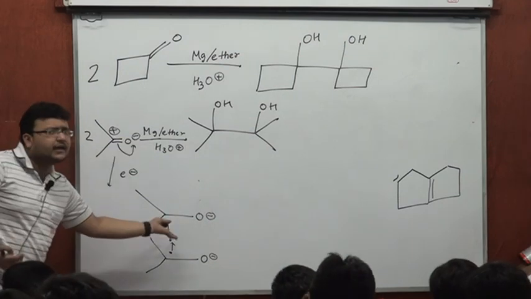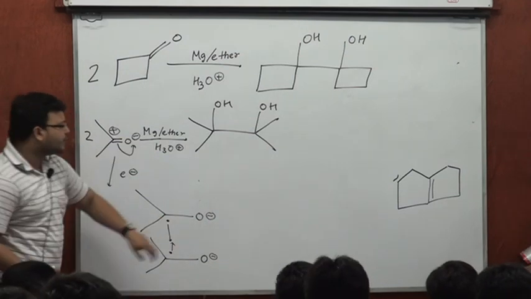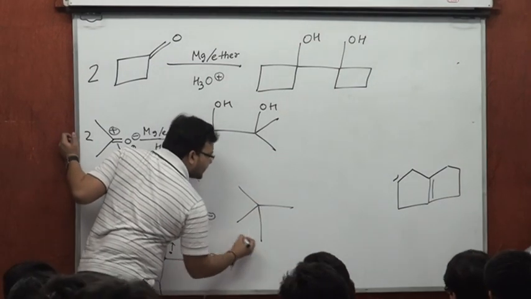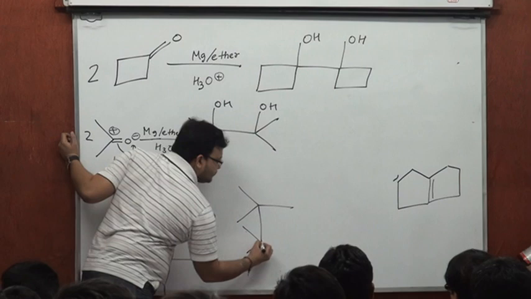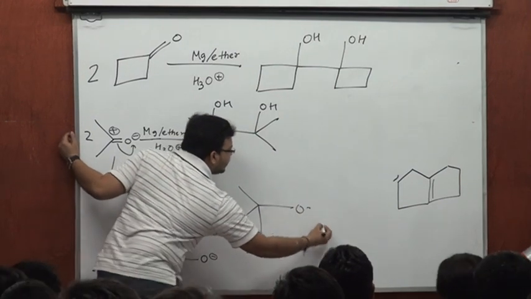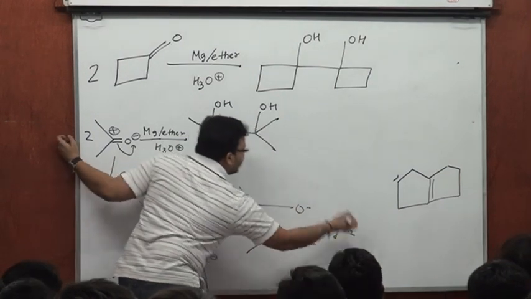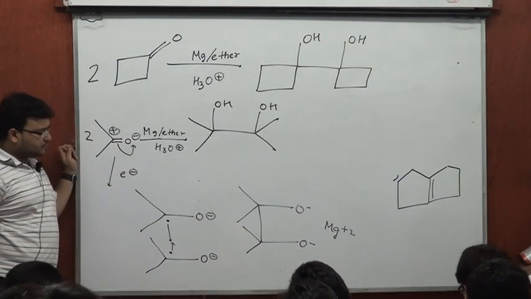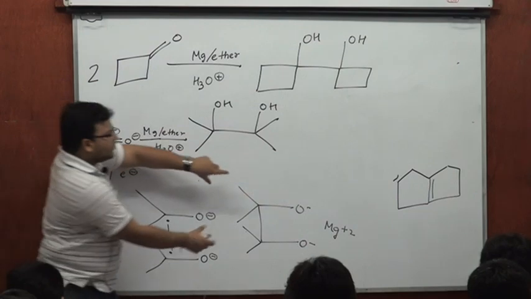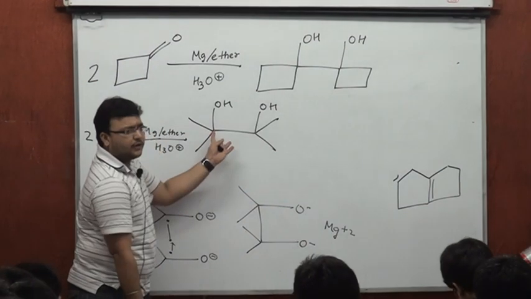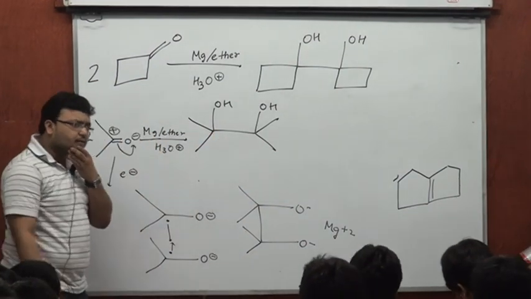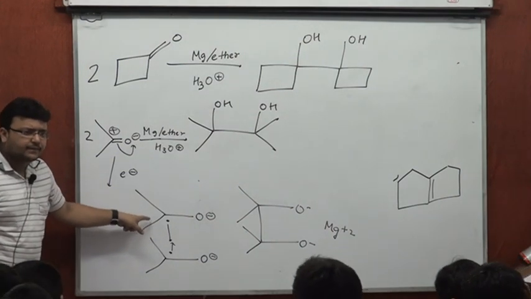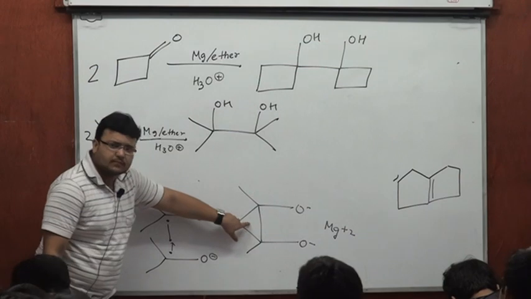Magnesium can lie in the vicinity of this, or magnesium would be involved with this negative to form a dimer like this. You just need to invert this a little bit. You realize this and this are actually similar compounds. Two free radicals can condense to give a dimer form.